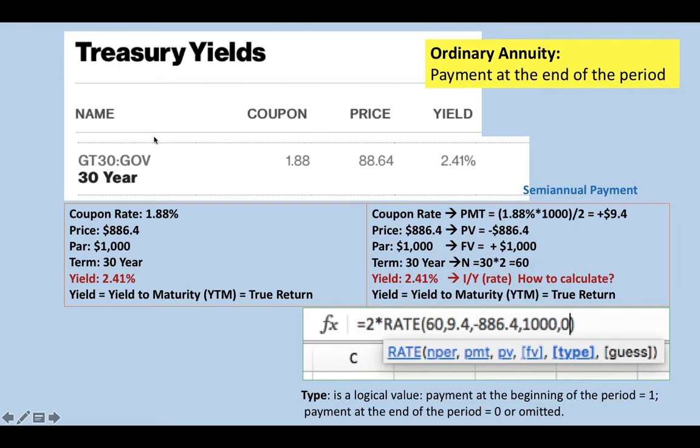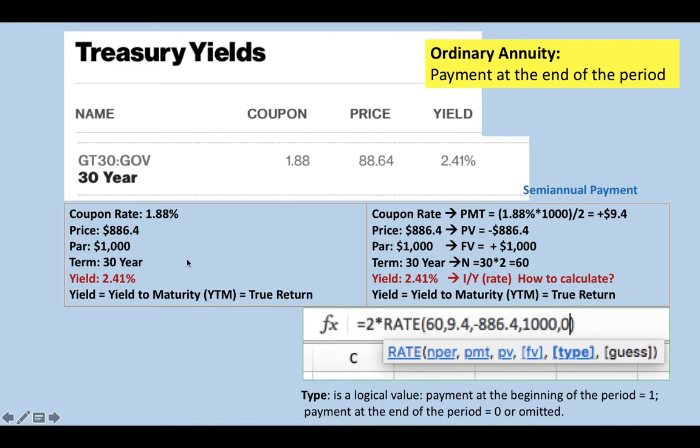However, U.S. government bonds are usually issued with a par value of $1,000. So if you buy one U.S. Treasury bond, the par is $1,000, and the price is $886.4.